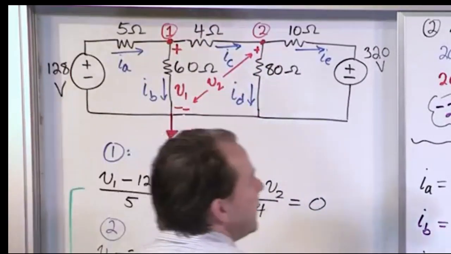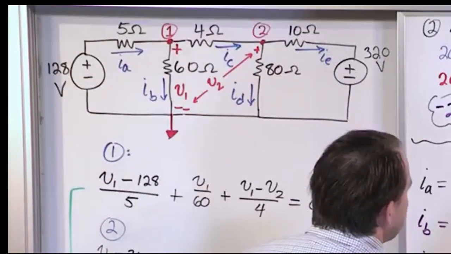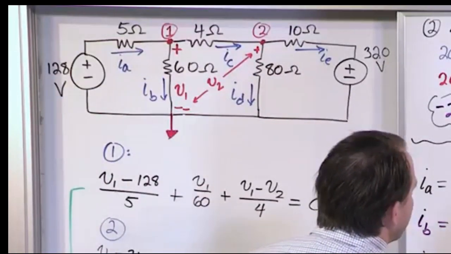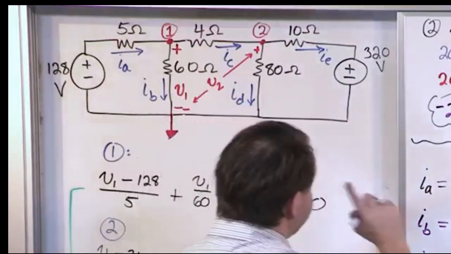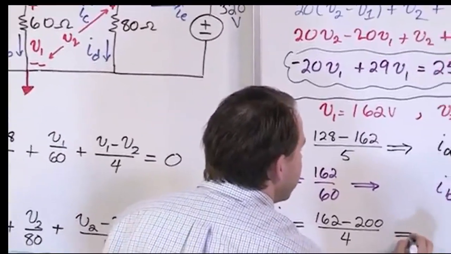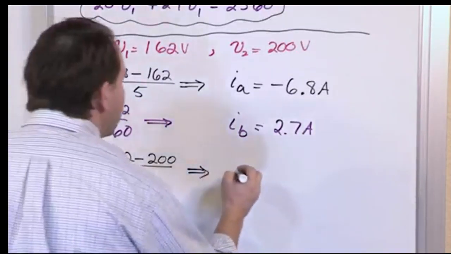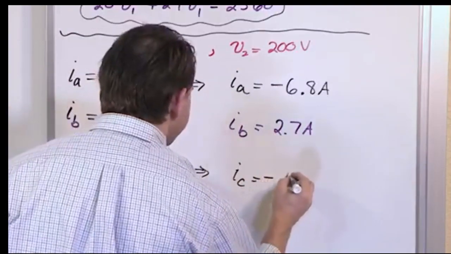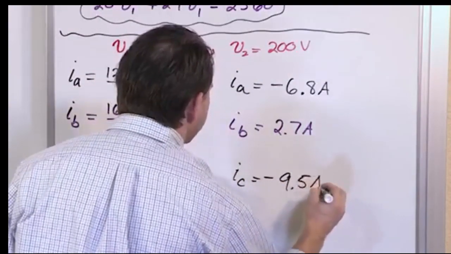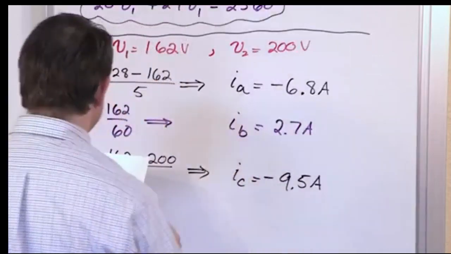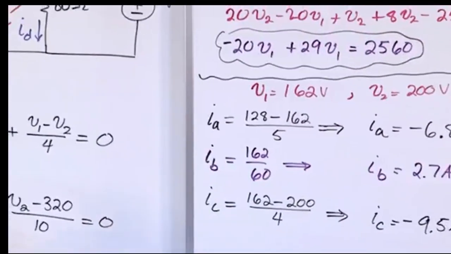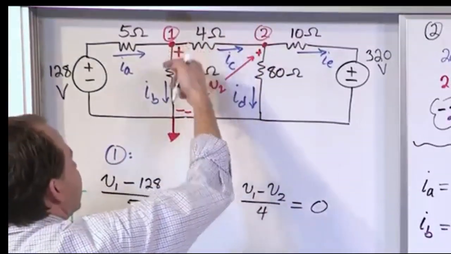So V1 is 162 minus V2, which is 200, over the value of that resistance, which is just 4 ohms. When you take 162 minus 200, you're going to get a negative number on top. When you divide by 4, IC is negative 9.5 amps. It's negative because, again, this current actually is going this way.